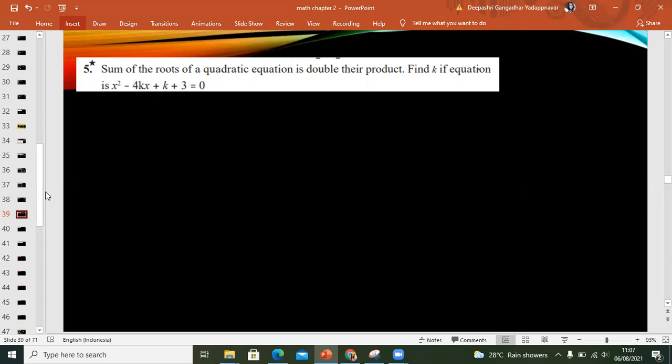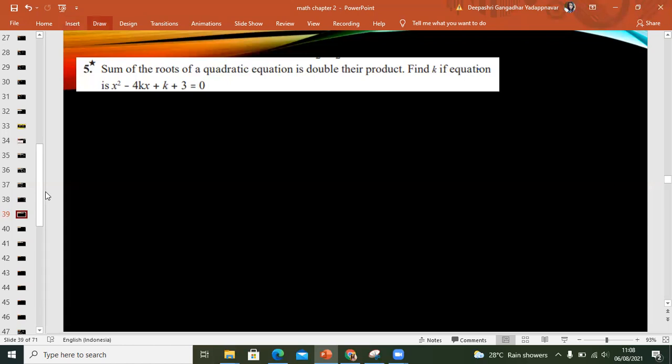Sum of roots means there are two roots here given to you. Of course, the root is not given here, but we have to understand whatever the roots are there for this equation. If you find the sum of those roots is double their product. Okay, so whatever the statement is given, we are going to write it in the form of numbers now.